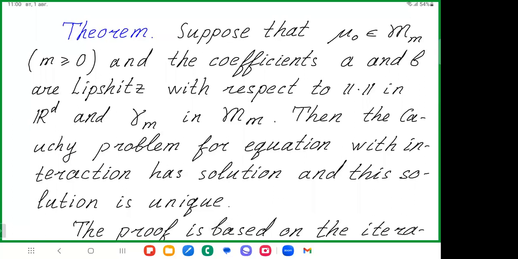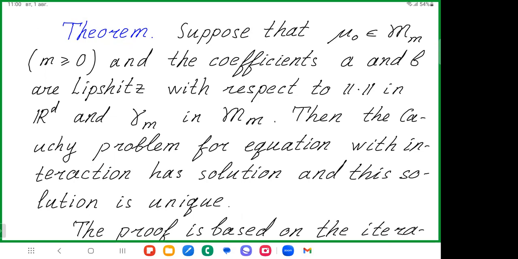Suppose that mu0 belongs to M, and the coefficients A and B are Lipschitz with respect to the norm in Rd and gamma M in M, the space of measures with M's moment. Then the Cauchy problem for the equation with interaction has a solution, and this solution is unique.